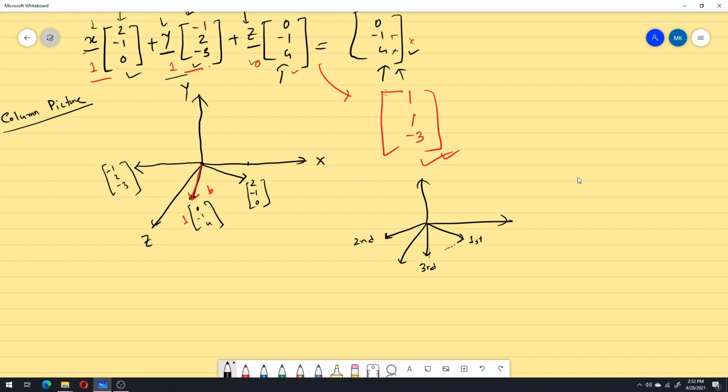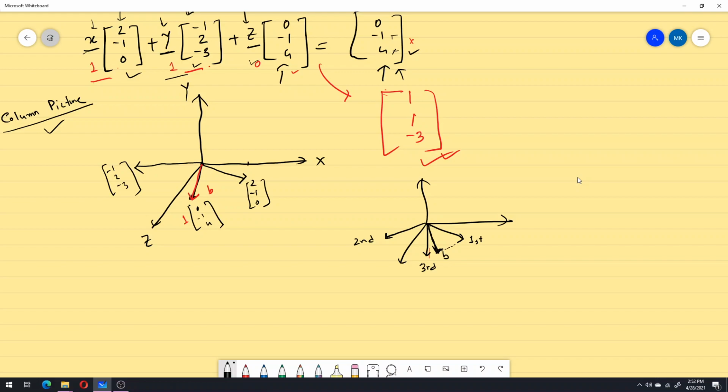Let's say it comes here, and if you add these two lines, then maybe this is the solution. As I told you, it is very difficult to draw 3D vectors on a 2D plane, but suppose this is the approach that you should use while drawing the column picture. So this is the solution B.